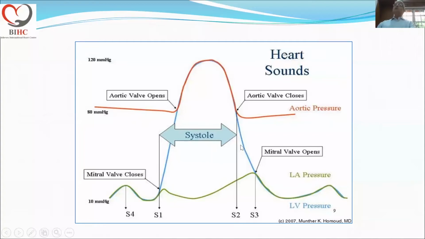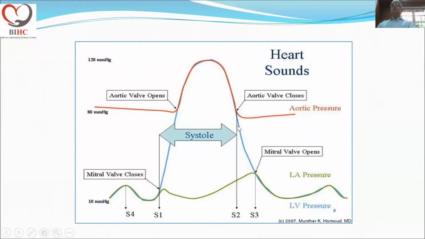Now, when this crossover takes place, in the aortic valve, the A2 occurs at this point where it is marked. A2 will actually occur there. But in the right ventricle, it does not occur at a crossover point. In the right ventricle, it will occur only here, an interval after the crossover. Now, why is it that the valve is hanging out after the pressure in the right ventricle has dropped below the pulmonary artery?